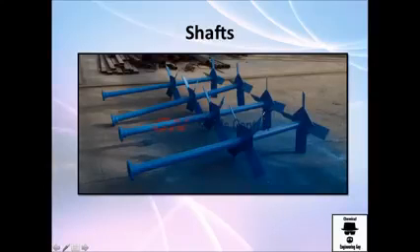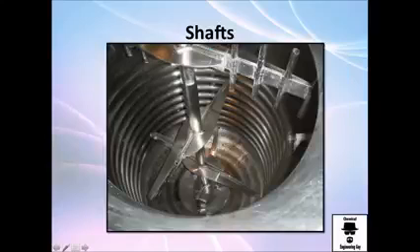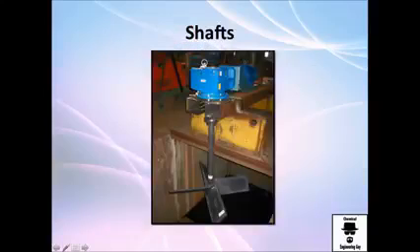Then shaft. Eventually you need something that connects the motor and the impeller. What's a shaft? It's essentially just a stick which will be able to mount the impeller and the motor. The motor will rotate the shaft and the shaft will rotate the blades.